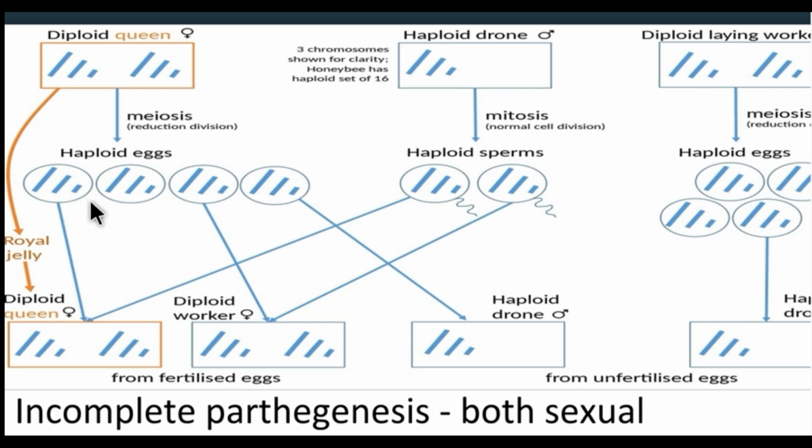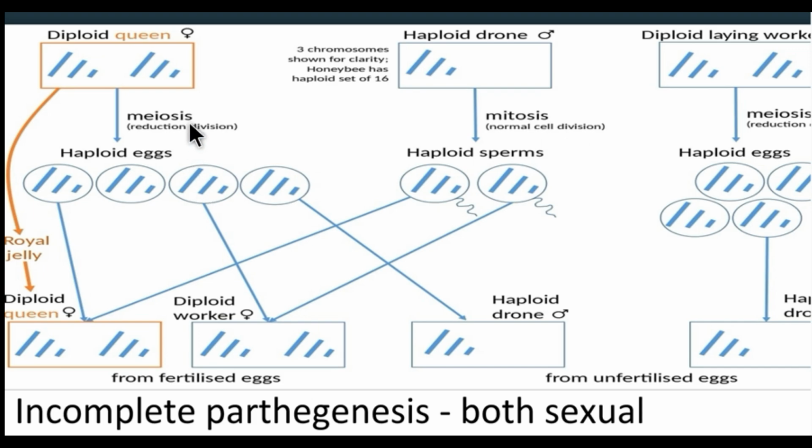It is divided into 4 haploid gametes. Here, one gamete joins with a haploid sperm. Please come to this side. Haploid drone, that is the male. Here only the haploid number, the single number.